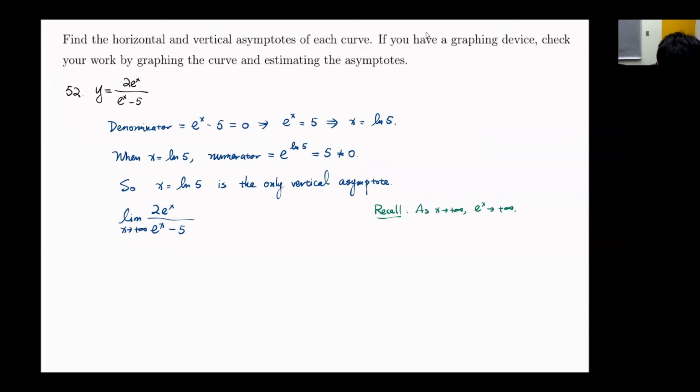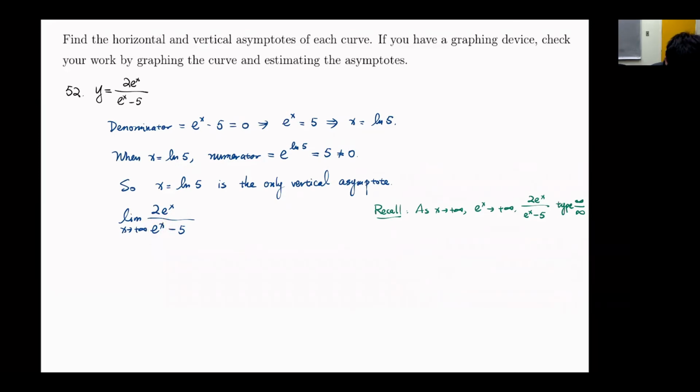This tells me that my fraction 2e to the x divided by e to the x minus 5 is of the type infinity over infinity because both the numerator and the denominator get large. So infinity over infinity type limit is really an indefinite type of limit. So then you need to use algebra to transform it into a definite type. And in order to do that, remember what we did for rational functions and algebraic functions, we divide by the highest power of x in the denominator. In this case, it's very natural for me to divide by e to the x.